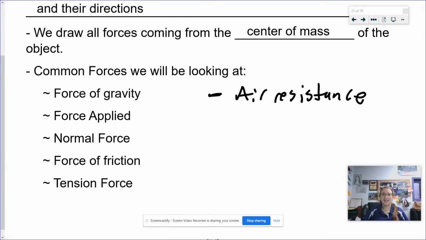A lot of times they say ignore it because usually it's negligible, unless you're in a hurricane or something like that. So typically, unless they are talking about it, we pretend air resistance isn't a thing. But in one of these questions in this lesson, it does bring up air resistance, so I did want to bring that up.